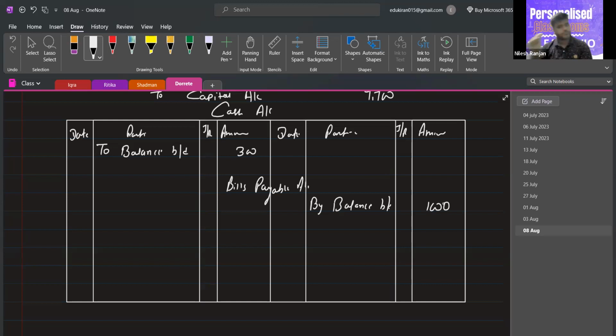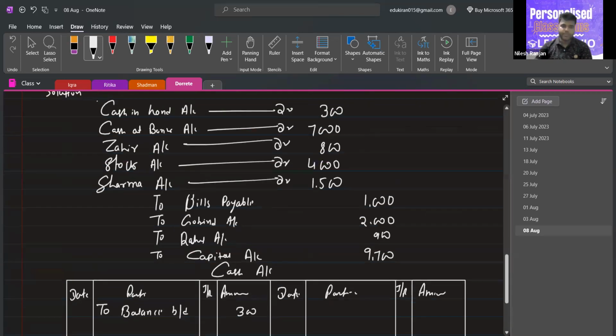Okay, sir. So all these items, capital, Rahul, Gobind, will be written as opening balance of respective account. In Govind account, we will write by balance BD 2000. In Rahul account, by balance BD 900. In capital account, by balance BD 9700.